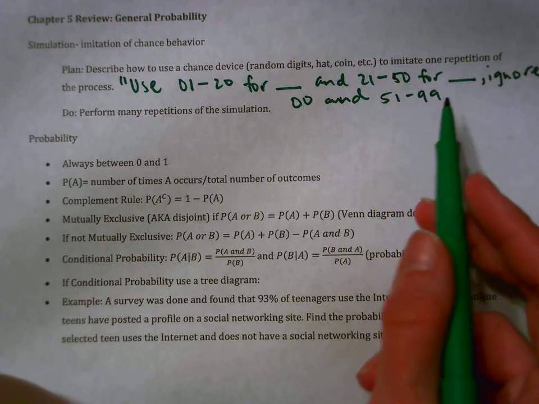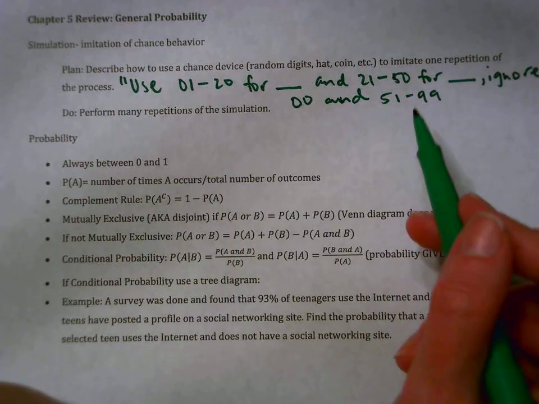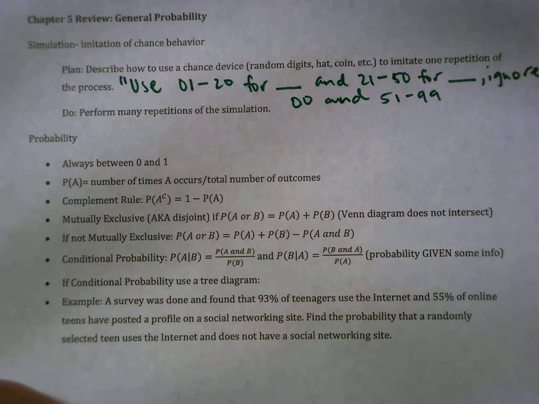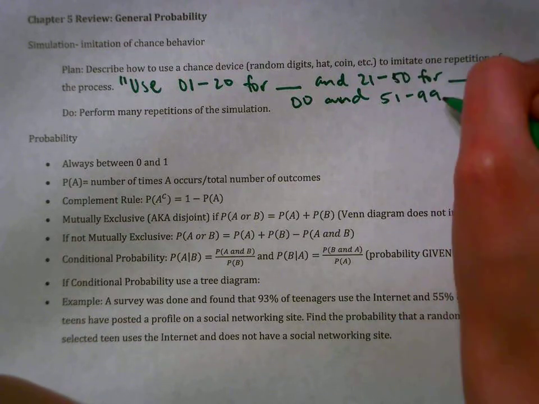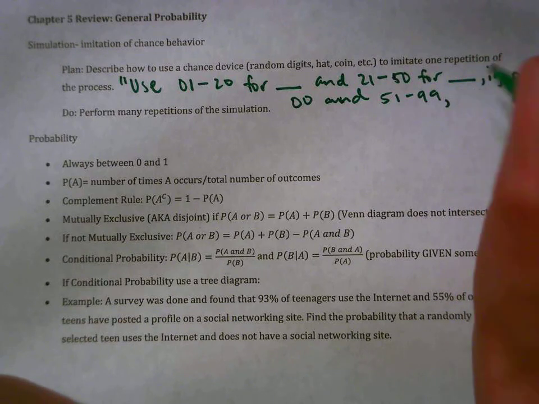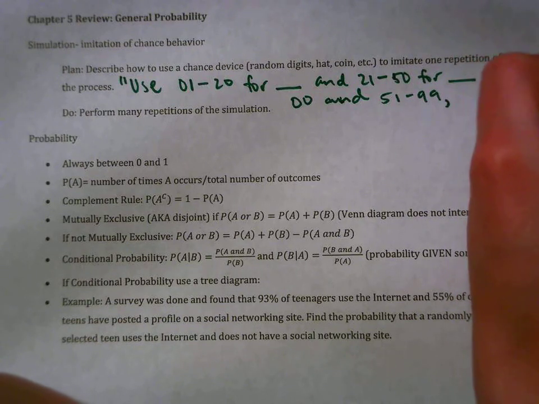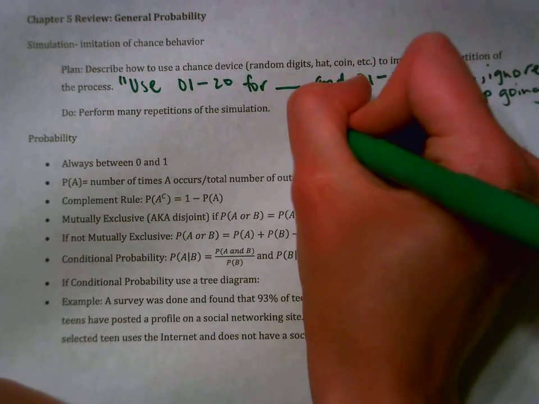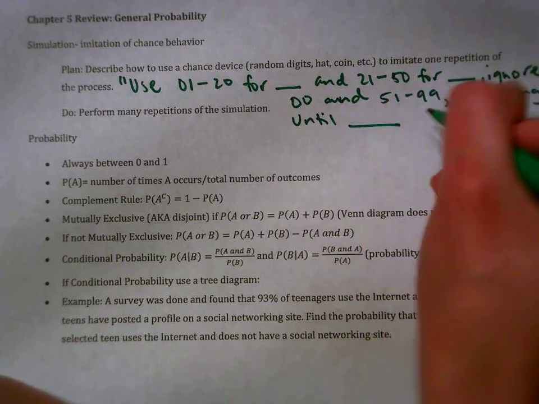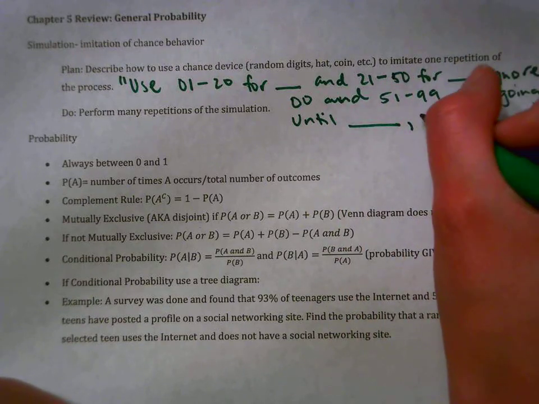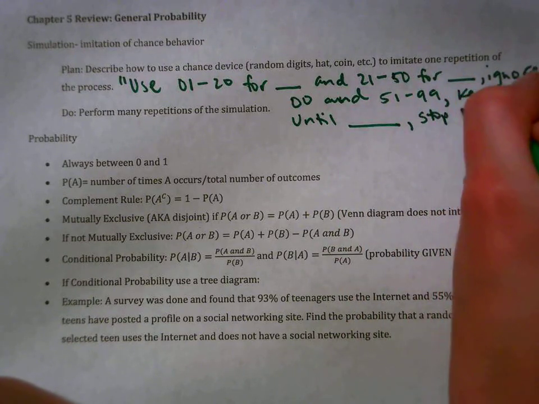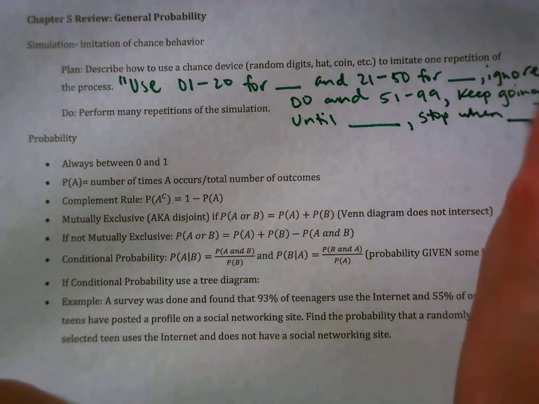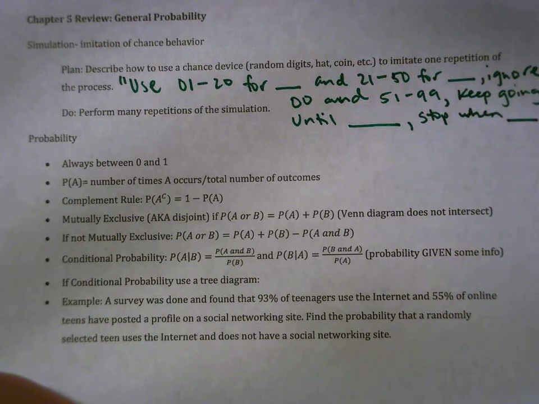So you say what you're assigning, you say what you're ignoring, and then you say to keep going until you reach whatever your scenario is talking about, and then you'll say stop when blank, and then you just record how many times you got this.